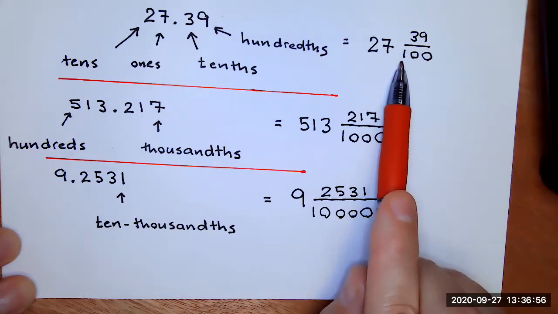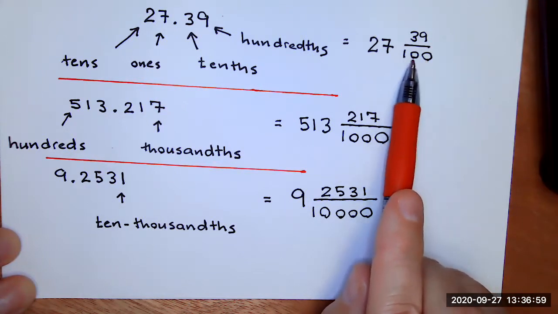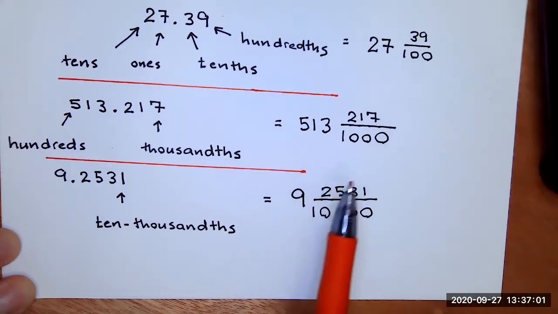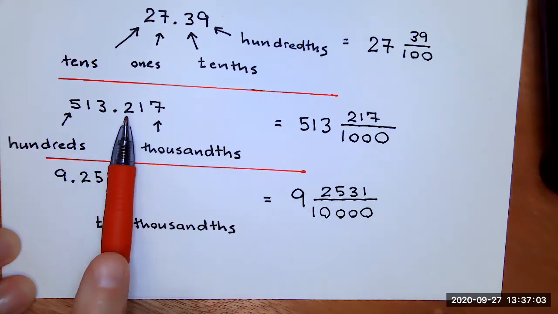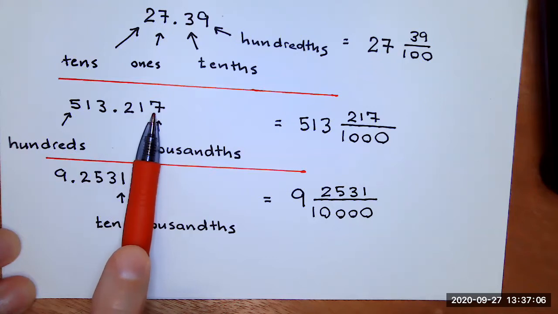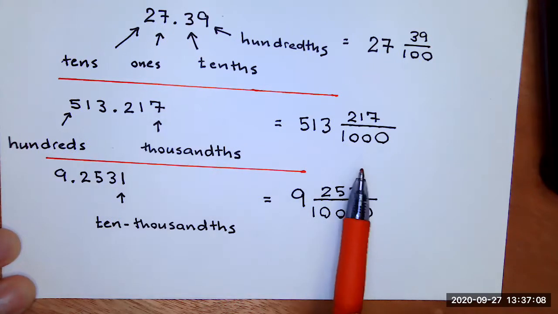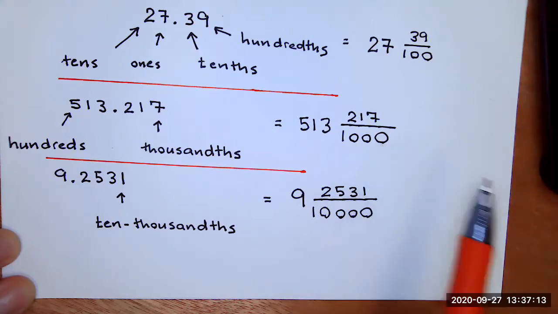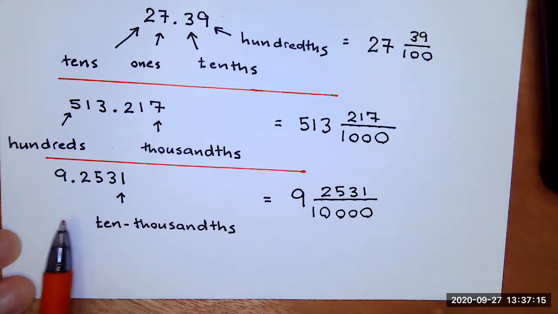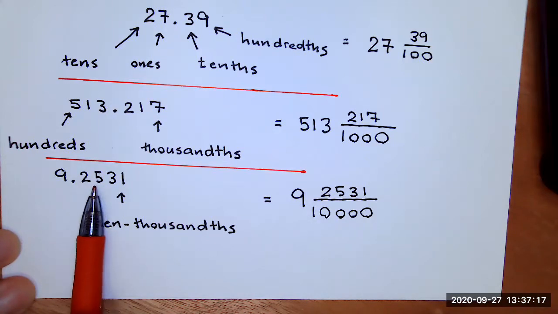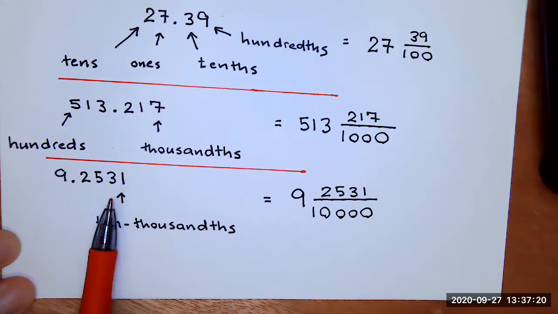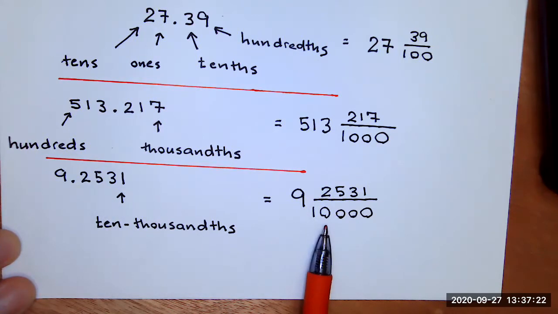Of course, you have to have that 1, because otherwise it's just a 0 and not a multiple of 10. Here we have 3 digits behind the decimal point. So in the denominator, we have the 1, and then 3 zeros. And here we have 4 digits behind the decimal point. So there's 4 zeros behind the 1 in the denominator.